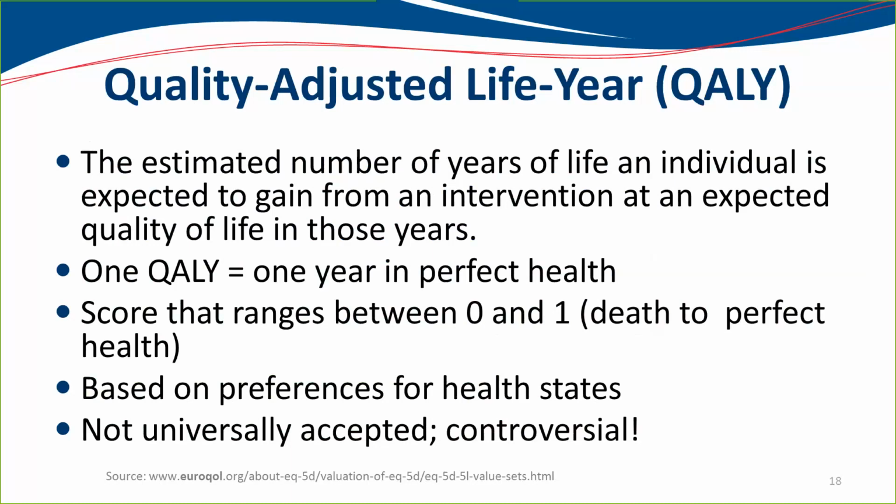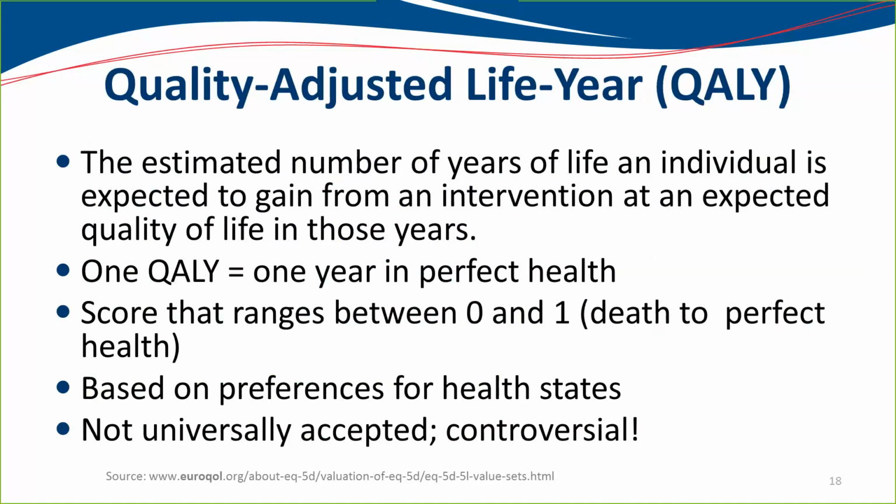Then what I do is multiply the number of years of life for the next 10 years that I'm in a wheelchair by that number, 0.7. So rather than the number being 10 years of life, you would say, okay, taking this additional treatment, instead of perfect health, which would equal 10 years, it's going to have a reduced quality of life, so it's going to be 0.7 times 10, or 7 years.